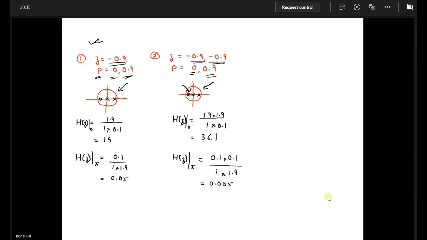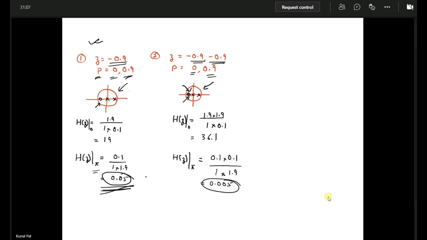Okay. So, if you look at pi radians, because omega naught for these zeros is at pi, at pi in the first case where there was only 1 zero, it is 0.05, whereas where we are having two zeros, in the second case it is 0.005.